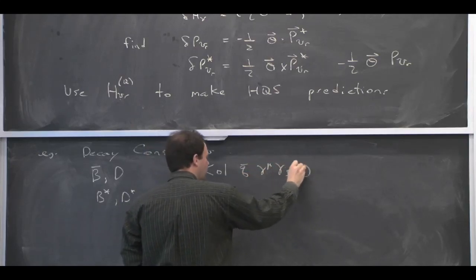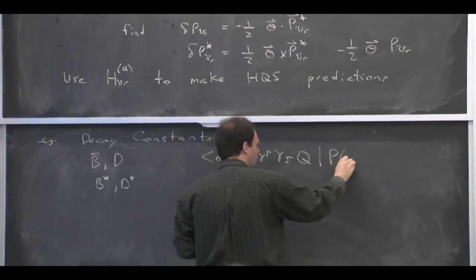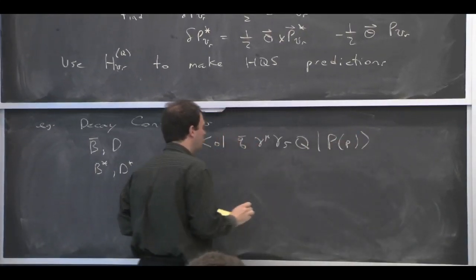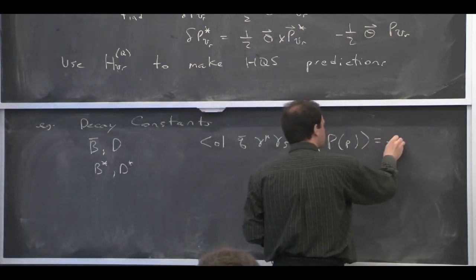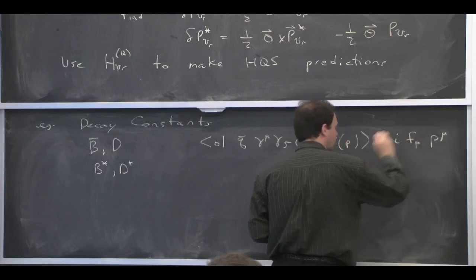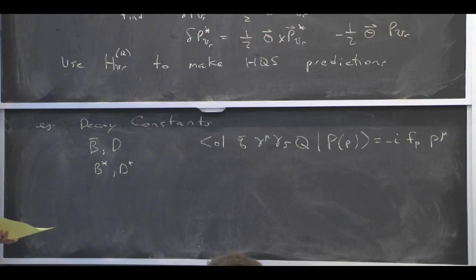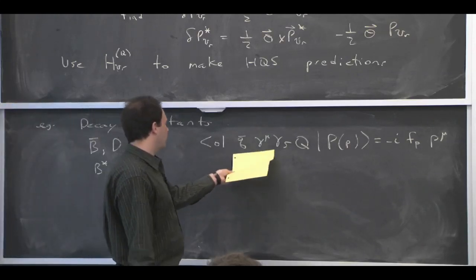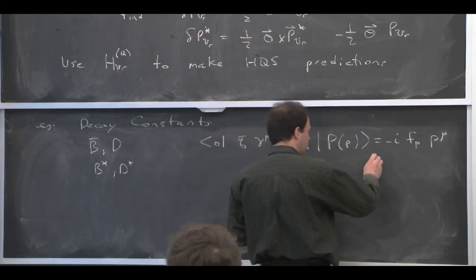So think of the Q field here that I'm writing as a full QCD field, and the P field here with momentum p, it's either a B meson or a D meson. And just by Lorentz symmetry, much like one works out for the pion, one can write down a result that just follows from Lorentz invariance and parity for what the result for this coefficient is. I guess you also have to use time reversal.